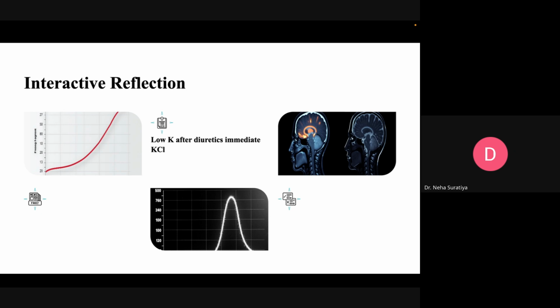Let me tell you. If the case is like that, low potassium after diuretic use, and a clinician or healthcare professional immediately gives the decision of potassium chloride without any further assessment, here the possibility is very high of which type of bias? Anchoring, right? This kind of MCQ you will also be solving in upcoming sessions, that which type of bias it is.